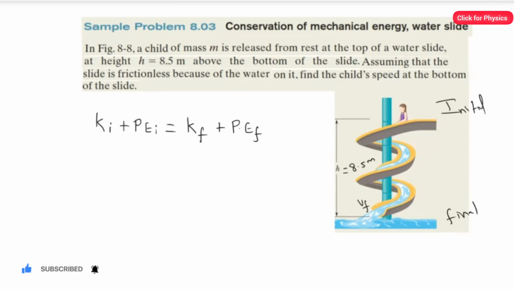Now we already know the formulas for kinetic energy and potential energy. The kinetic energy formula is half m v squared, and the potential energy formula is mgh. So I substitute these formulas in this equation.